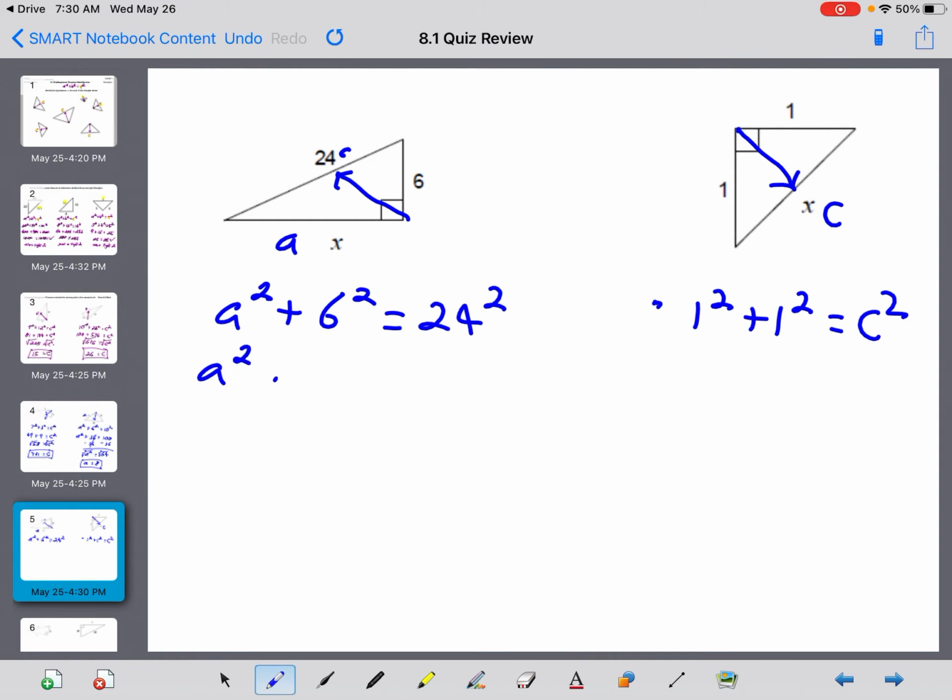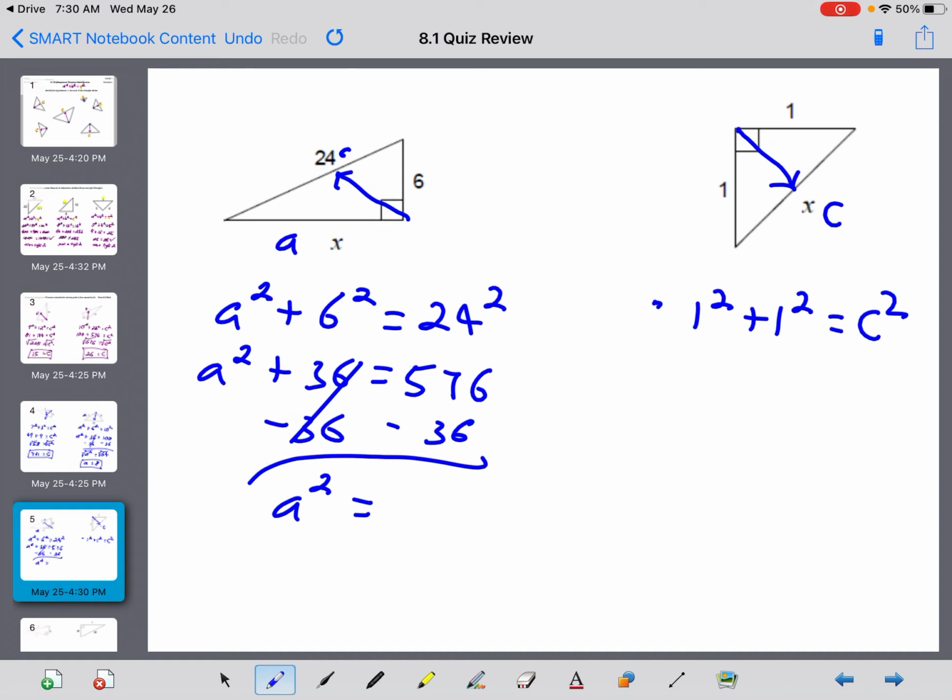Okay, A squared plus 6 squared, 6 squared is 36. 24 squared is 576. Minus 36 on both sides, and A squared equals 576 minus 36, which is 540.